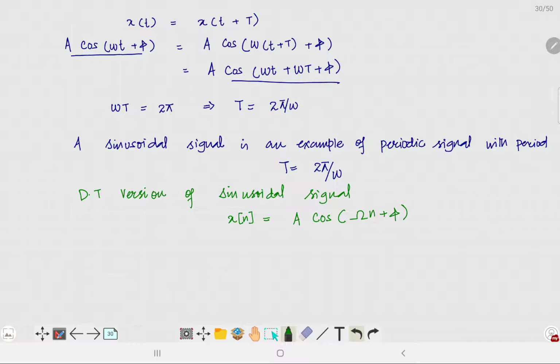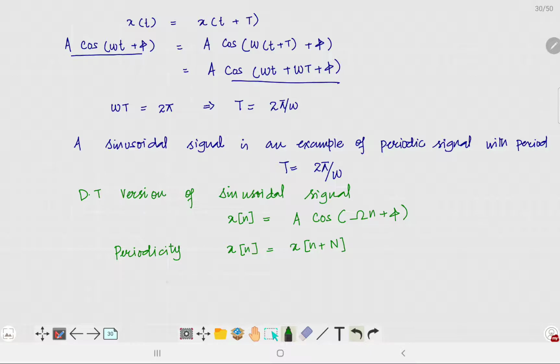Again, we know from our general relation that the condition for periodicity in the case of a discrete time signal is defined by x of n equivalent to x of n plus capital N. But this capital N has to be an integer.